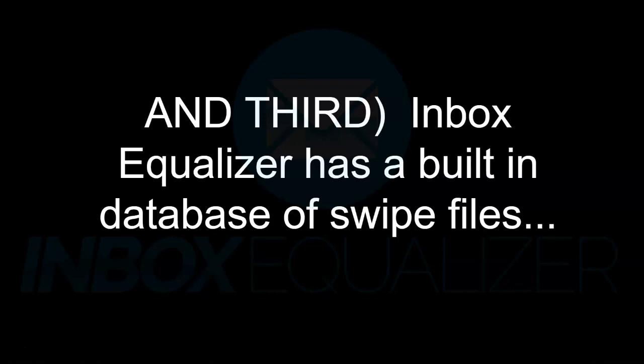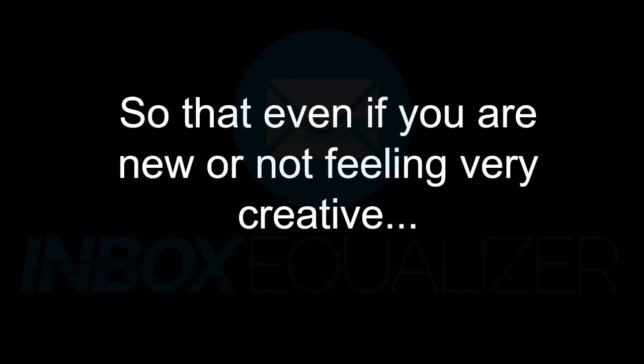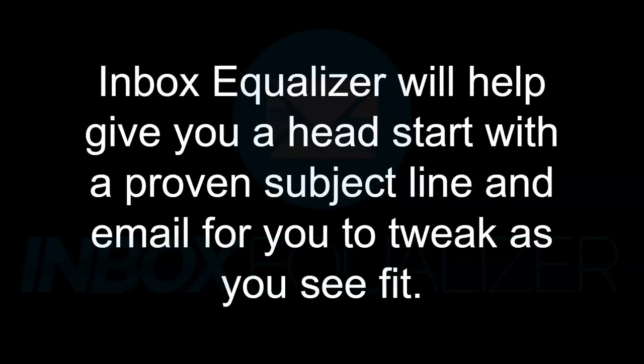And third, Inbox Equalizer has a built-in database of swipe files so that even if you are new or not feeling very creative, Inbox Equalizer will help give you a head start with a proven subject line and email for you to tweak as you see fit.